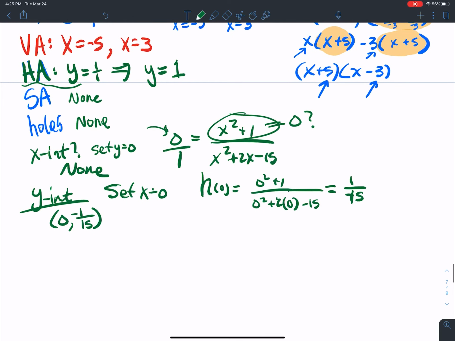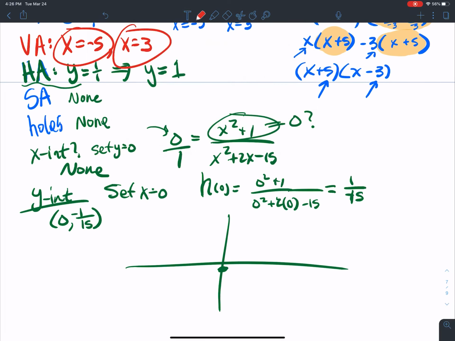So let's see if we can graph this. Intercept about right there. Vertical asymptotes I'll put in red, negative 5 and 3. X equals negative 5.